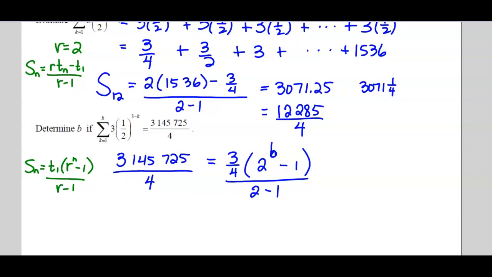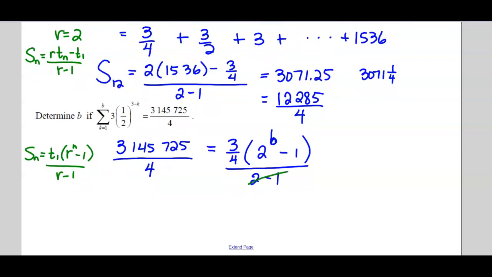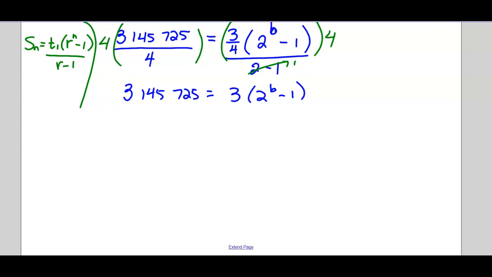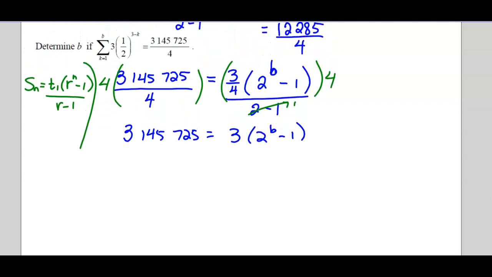Okay, 2 minus 1 is 1, right? There's 4's in the denominator, so I'm going to multiply both sides by 4. And then you actually multiply by 4, divide by 3, because you're dividing by 3/4, so you can do it all in one step, or 2 steps.